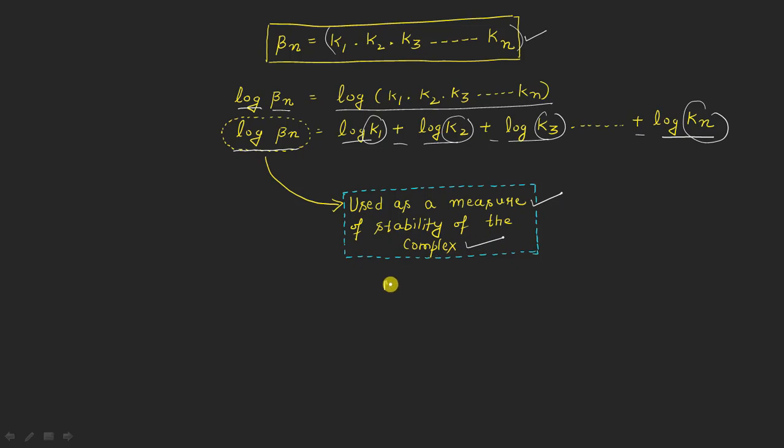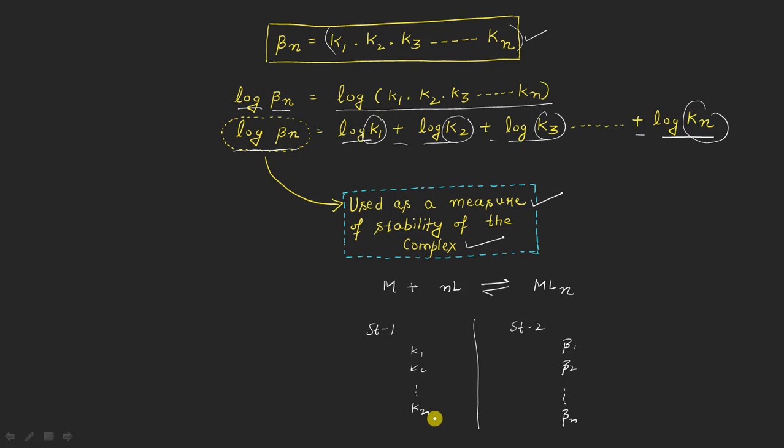So if we have one metal plus n ligands and an equilibrium reaction resulting in the formation of MLn, then by strategy 1 we have K1, K2, K3 up to Kn as stepwise stability constants, and by strategy 2 we have beta 1, beta 2 up to beta n as the cumulative or overall stability constants, right?